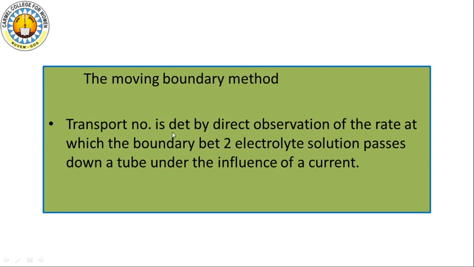So there is a boundary between two electrolytes and this boundary will be moving, and you can find out the transport number by directly measuring the movement of this boundary.